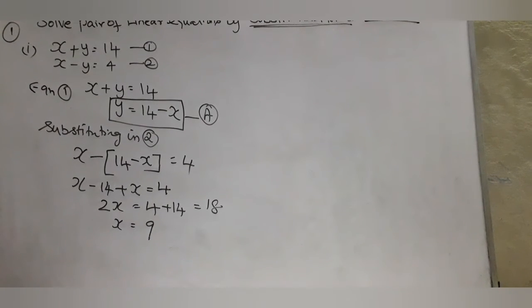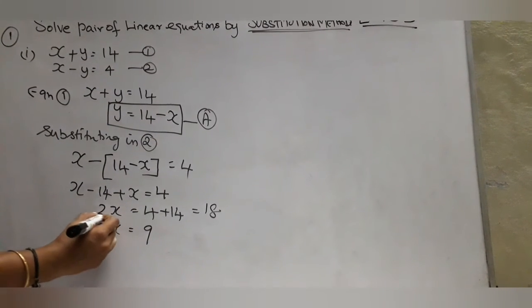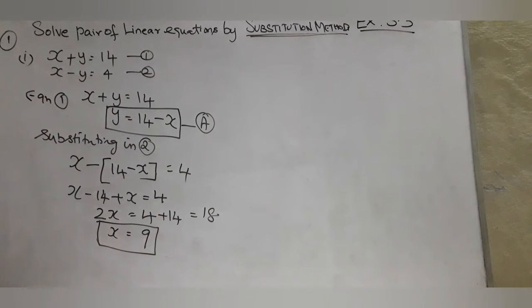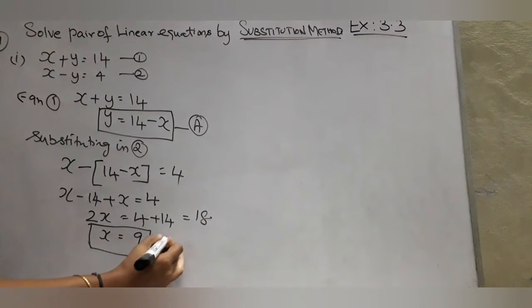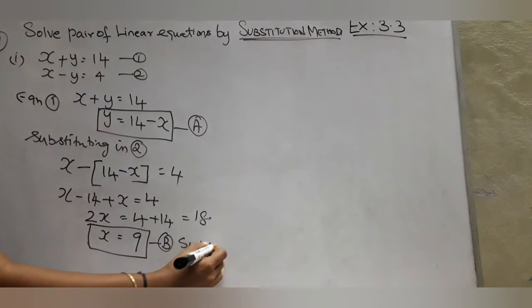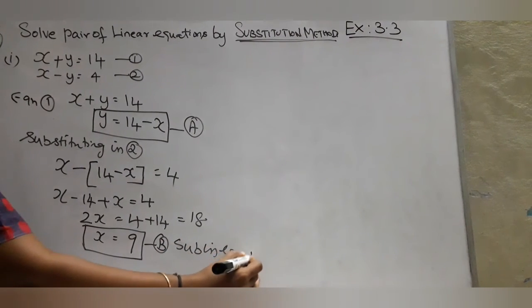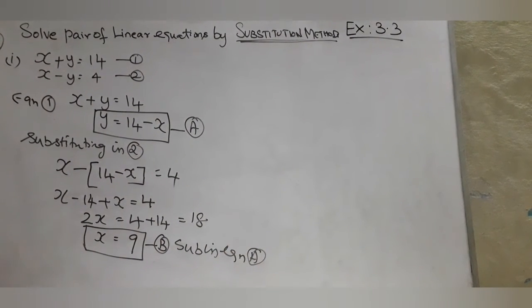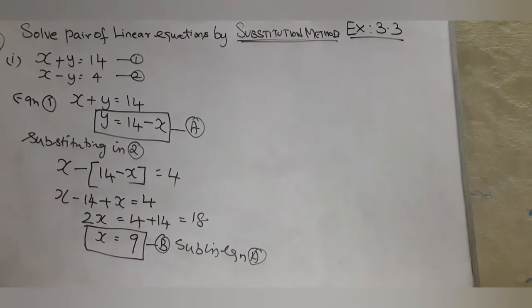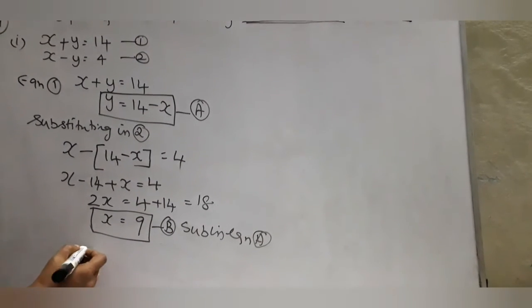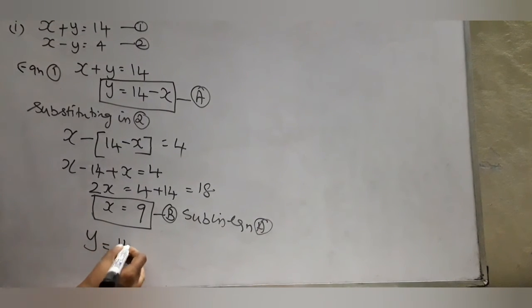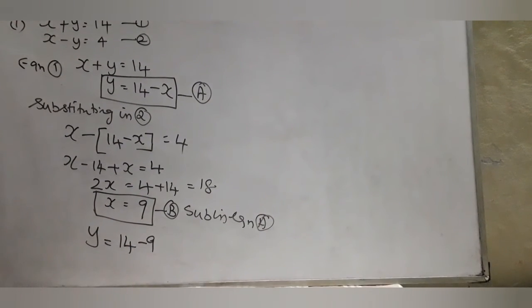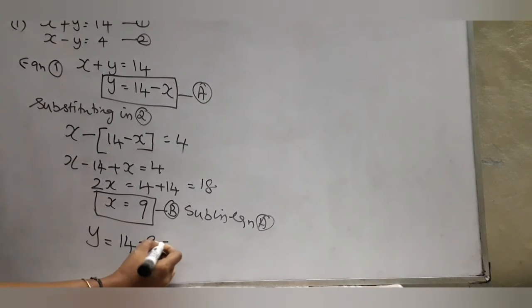We got the value of x. Now substitute x is equal to 9 in equation A. We have to substitute the value of x in equation A. Now y is equal to 14 minus 9, which is equal to 5.